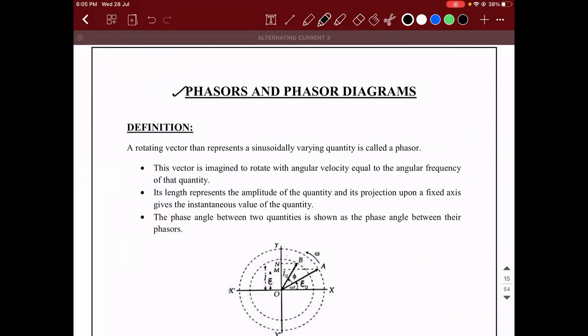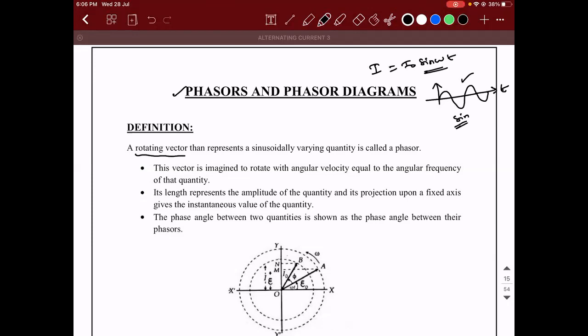Let's see. If you have a rotating vector, so we generally have, for alternating values, I is equal to I naught sine omega t, right? This is a sinusoidally varying value. So when you talk about a sinusoidally varying value, I need to draw graphs like this. This is a graph for a sine function, right?